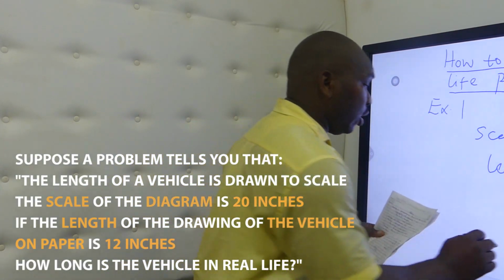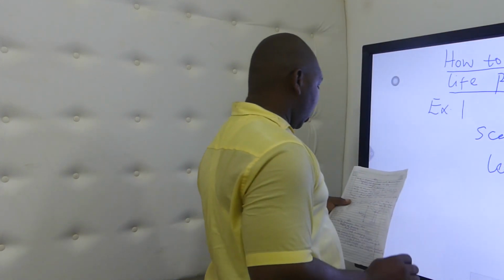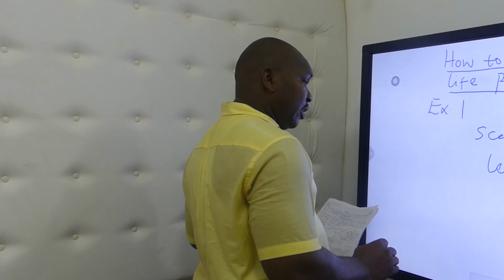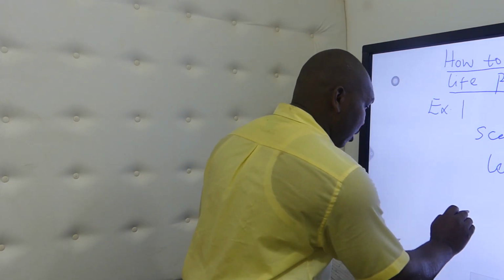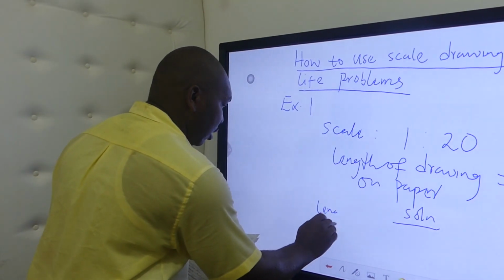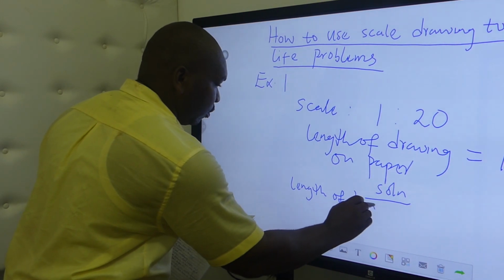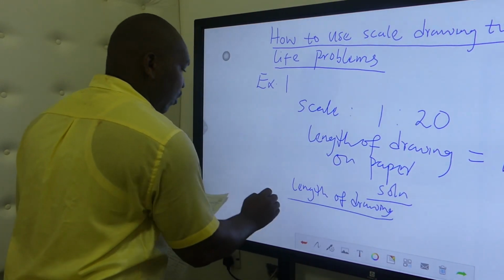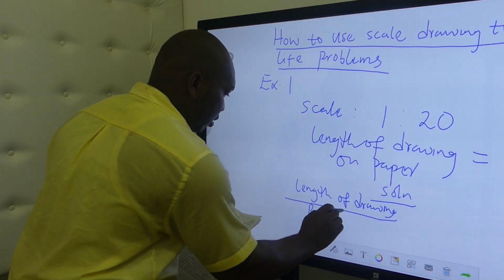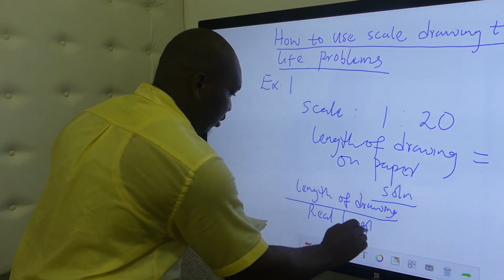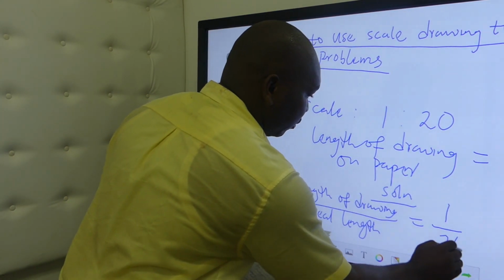Solution. This is the way you set up your calculation. Length of drawing over real length is equal to 1/20.